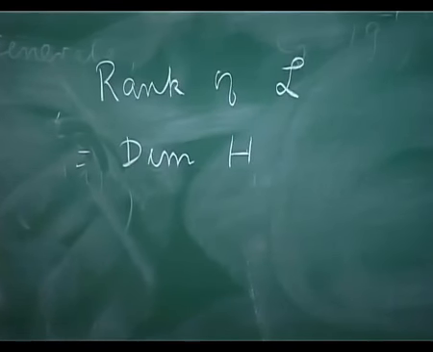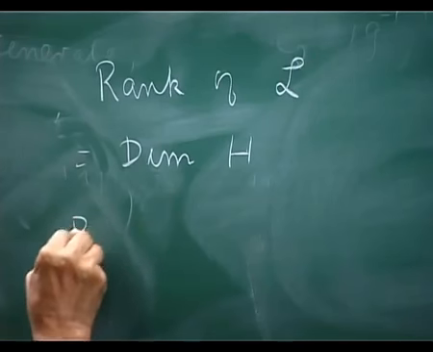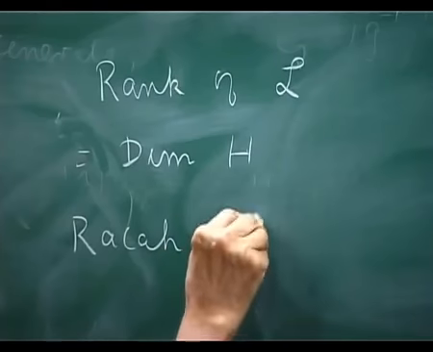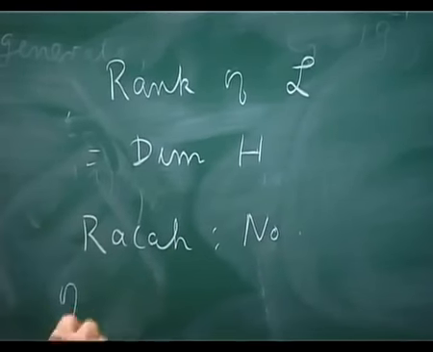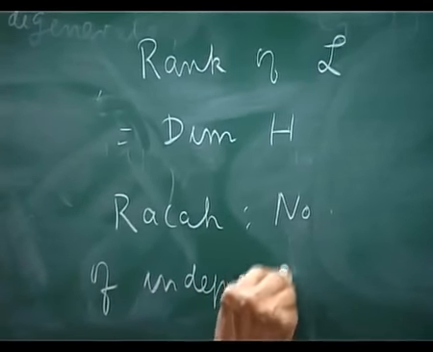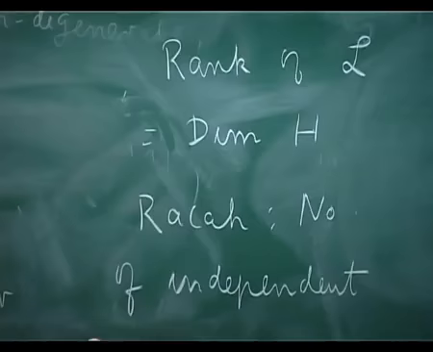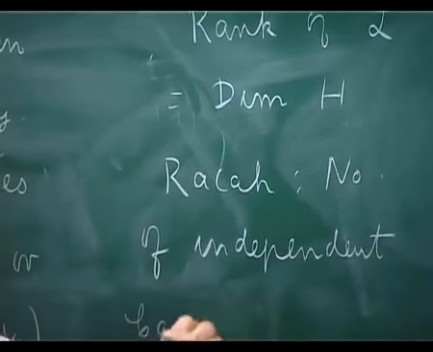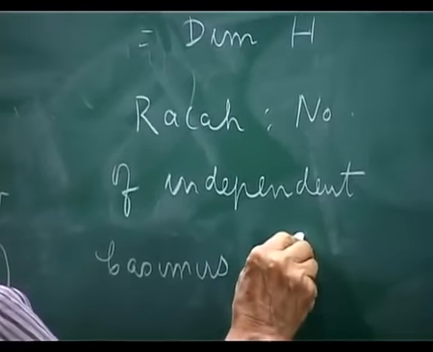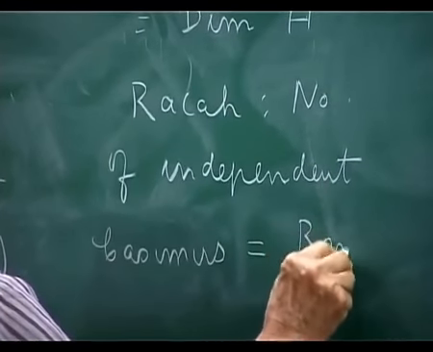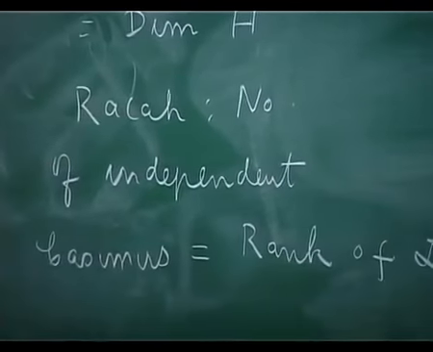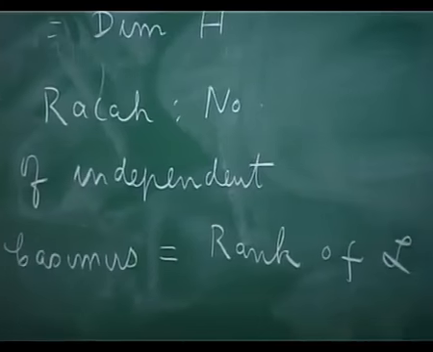And it is a theorem, not easy to prove, by Raka: the number of independent Casimirs is equal to the rank of L.